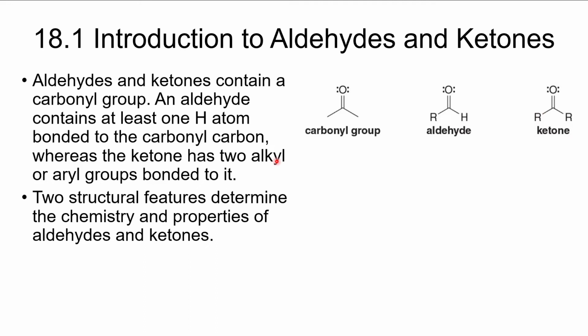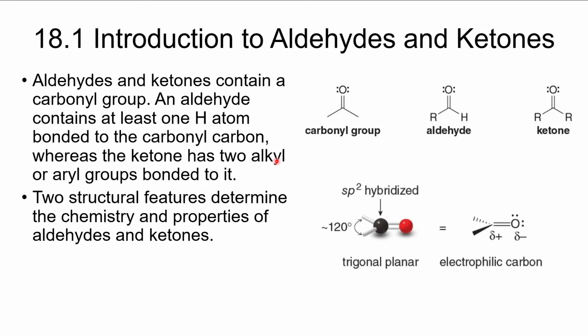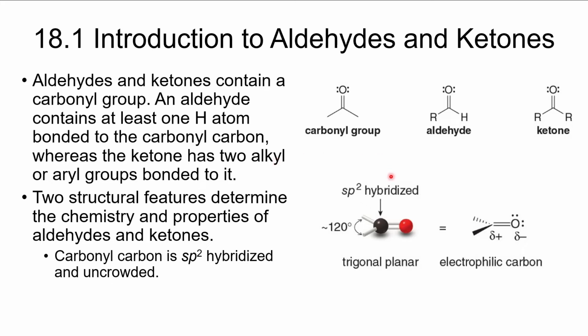We'll find that there are two most important structural features of aldehydes and ketones. One, the carbon is sp2 hybridized and relatively uncrowded. We can approach with some nucleophile, or we can even attack the oxygen. But a nucleophile can come in and attack that carbon because it is relatively unhindered.